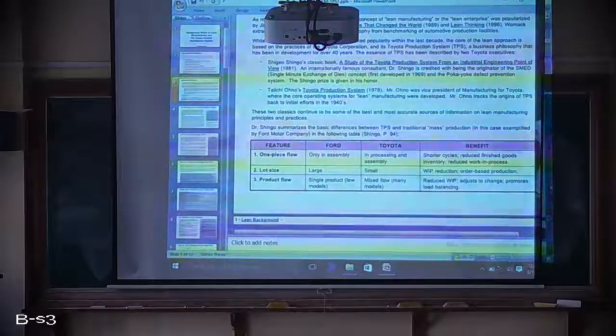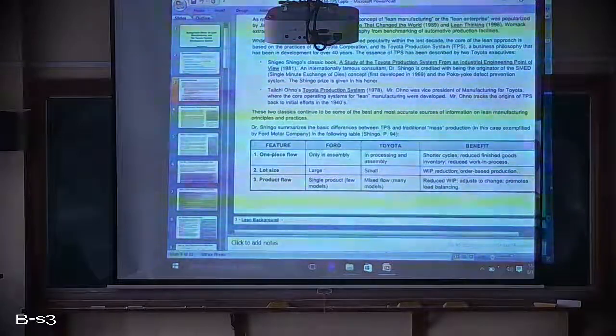So in both processing and assembly they use one-piece flow. The benefit is shorter lead times, reduced finished goods inventory, and reduced work in process. So suddenly you can have fewer FGs and fewer WIPs if you go for one-piece flow.